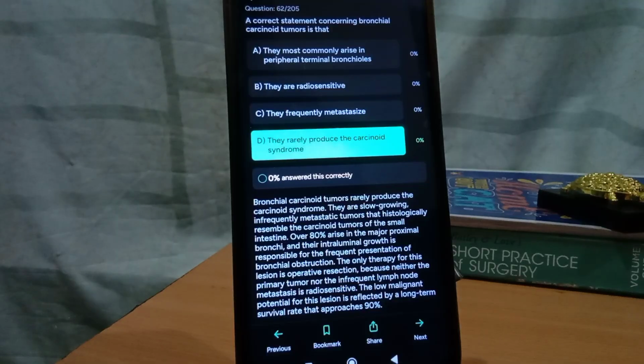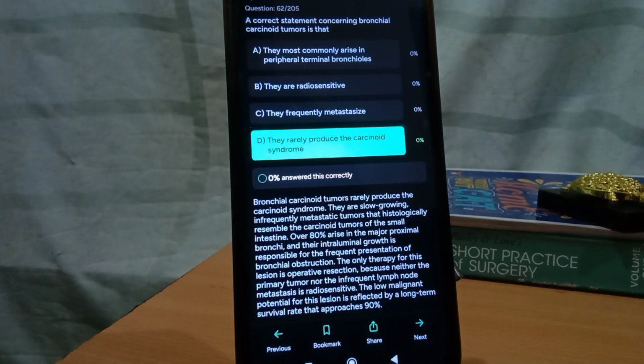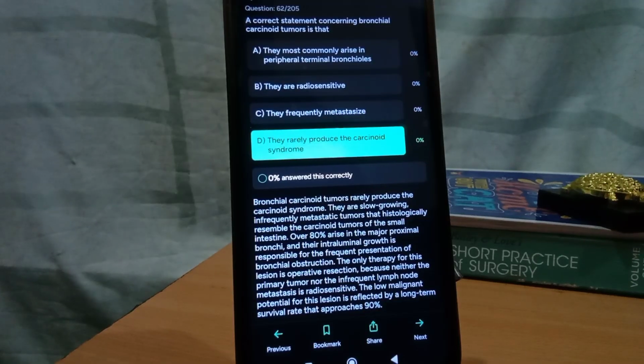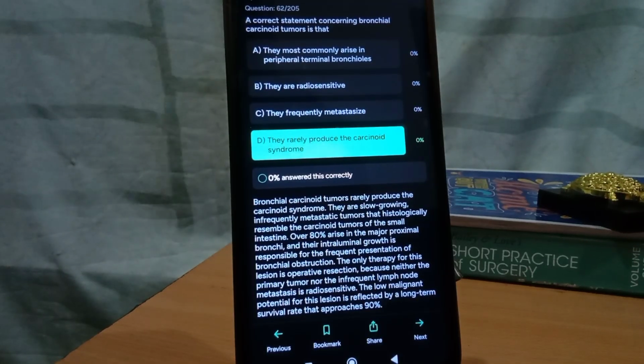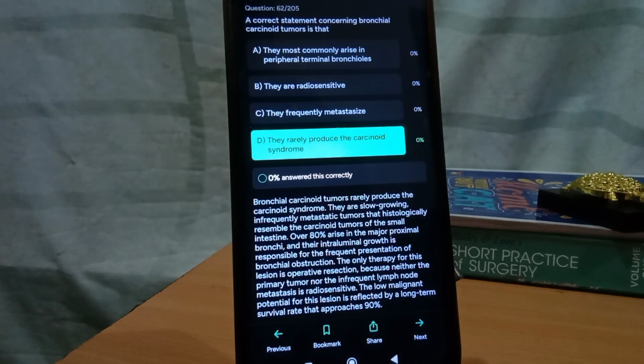Over 80% arise in a major proximal bronchus, and the intraluminal growth is responsible for the frequent presentations of bronchial obstruction. The only therapy for this lesion is operative resection, because neither the primary tumor nor the infrequent lymph node metastasis is radiosensitive. The low malignant potential for this lesion is reflected by a long-term survival rate that approaches 90%.